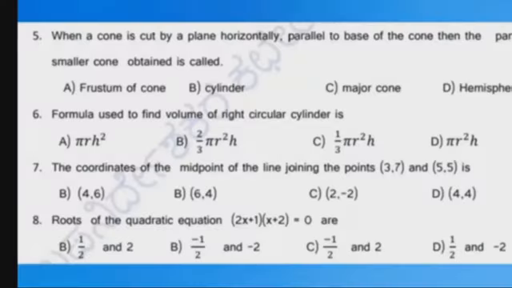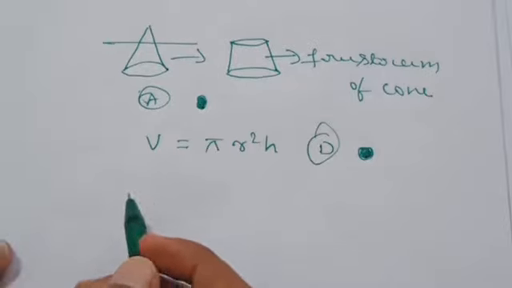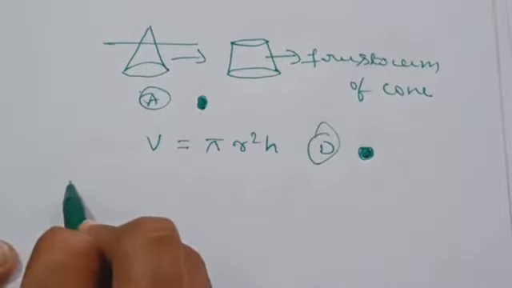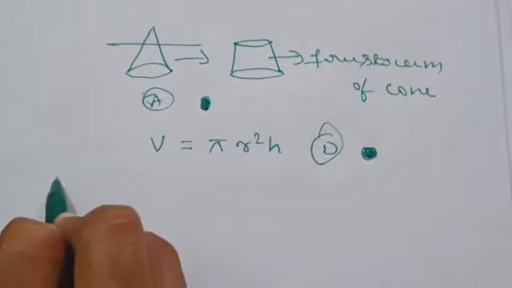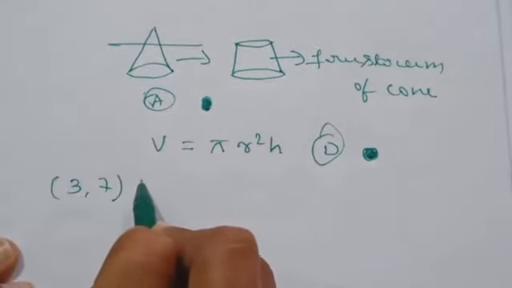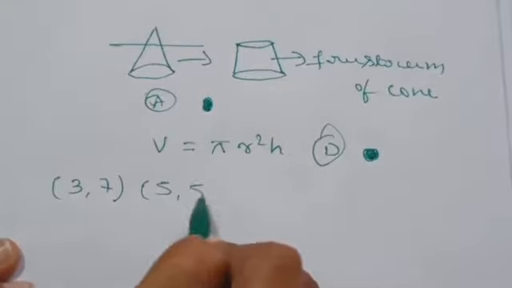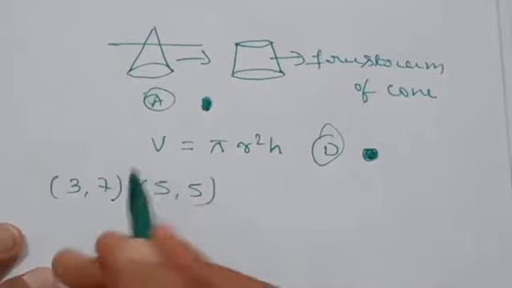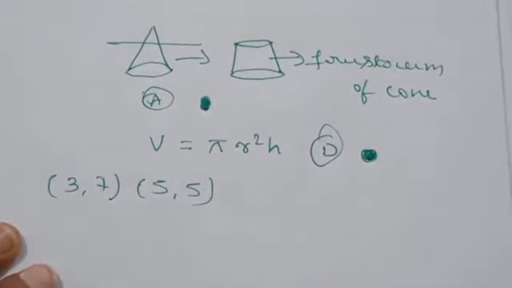Now the coordinates of the midpoint of the line joining the points 3, 7 and 5, 5 is, okay, you need to find the midpoint of the line joining points. Let me write the points first. The points are 3, 7 and 5, 5, right? Now what you need to do, or how to find the midpoint of this line segment?